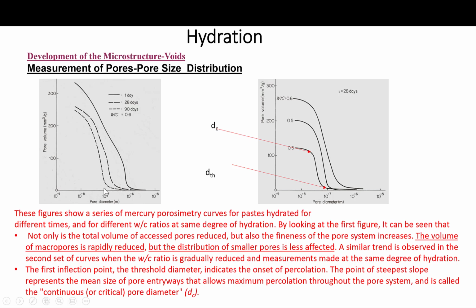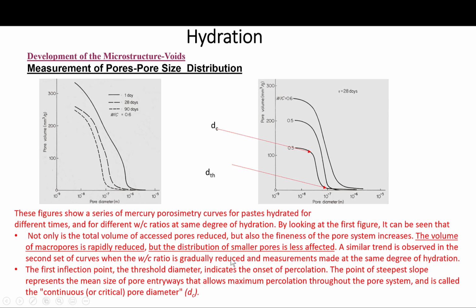As the hydration continues, the entry threshold diameter decreases. So the volume of the macropores is rapidly reduced, but the distribution of the smaller pores is less affected.